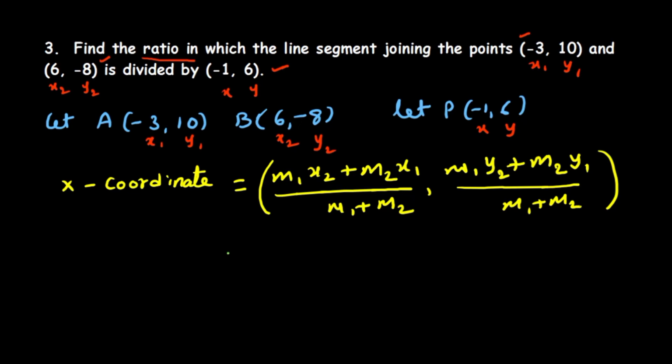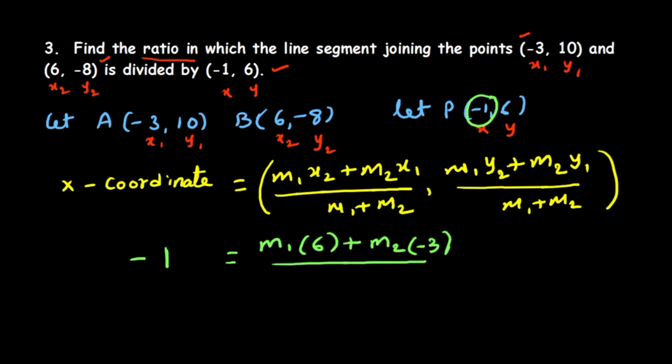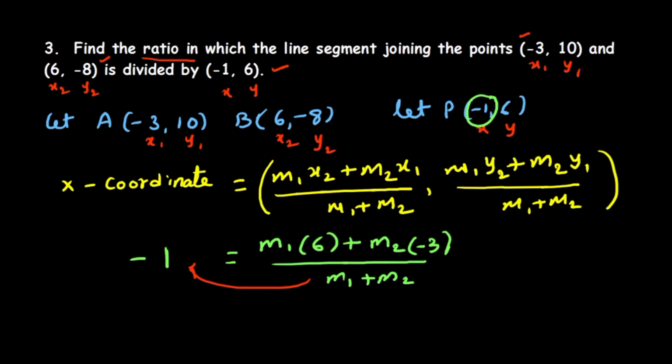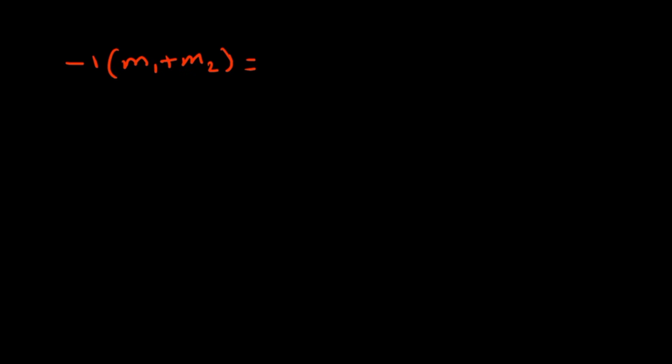We need to find m1. The x coordinate is -1, so -1 equals (6 m1 + m2 times -3) by (m1 + m2).